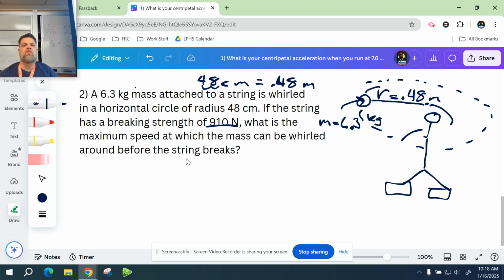Newtons is a measure of what? Force. So newtons is a force that's needed. Let me rewrite this a little differently. We need a force that's greater than 910 newtons, right? Does that make sense?